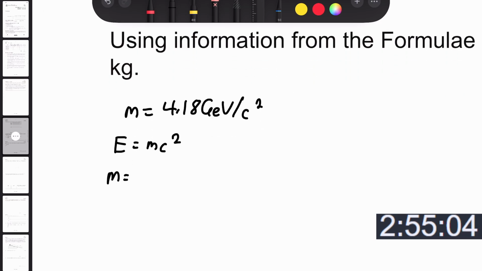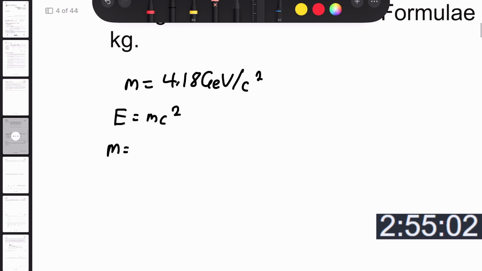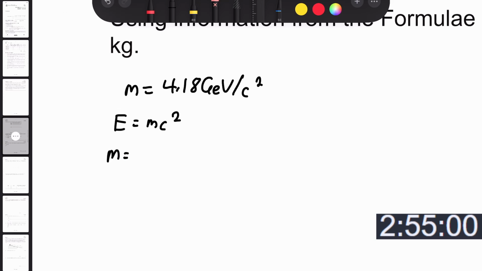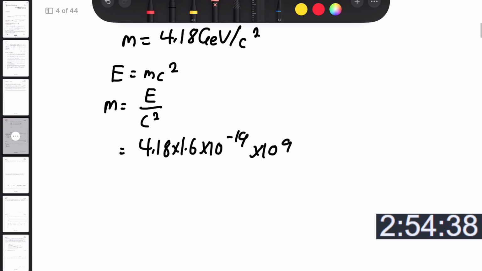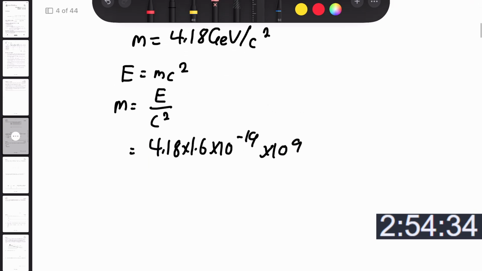Mass is equal to energy over c squared, is 4.18 times 1.6 times 10 to the negative 19 into the 9, plus c squared.